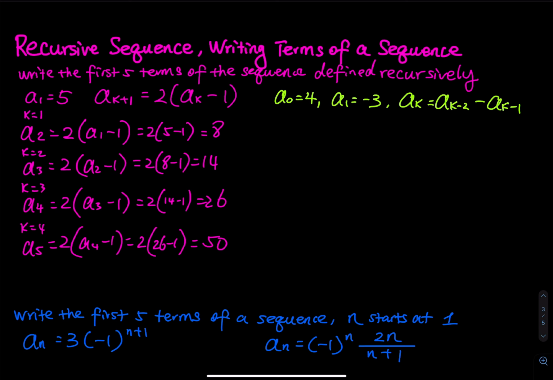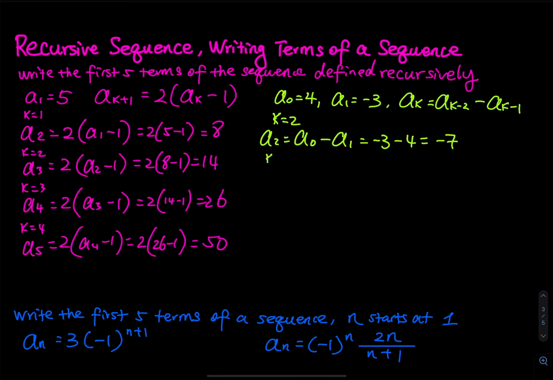Okay, so how about when k is equal to 2? When k is equal to 2, what is the recursive formula? The recursive formula is a of 2 equals a of 2 minus 2 minus a of 2 minus 1. So we got a0 and a1. a0 is negative 3, a1 is 4, so that is equal to negative 7.